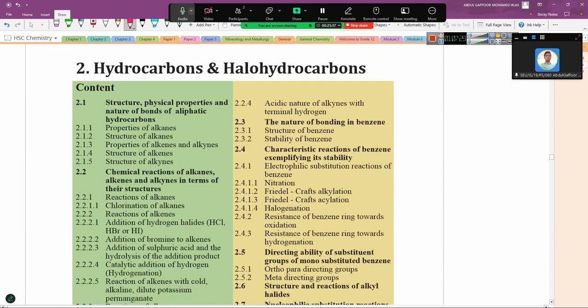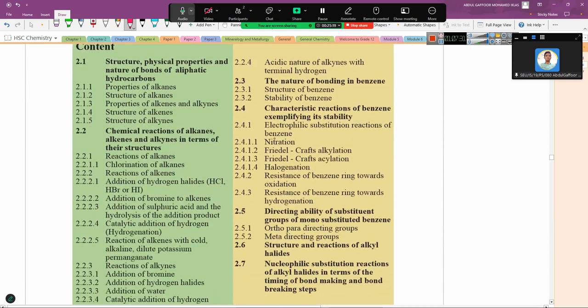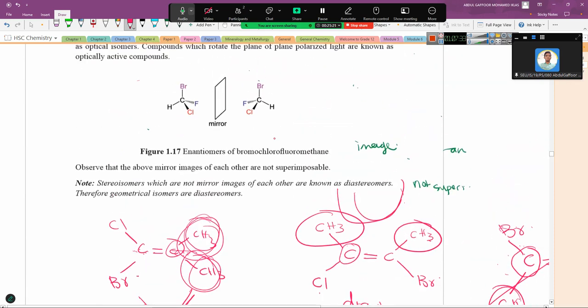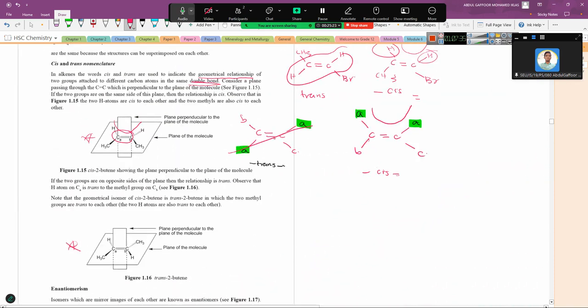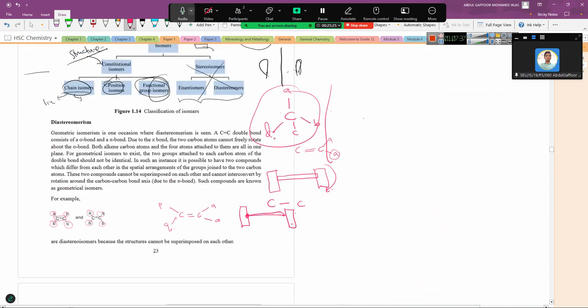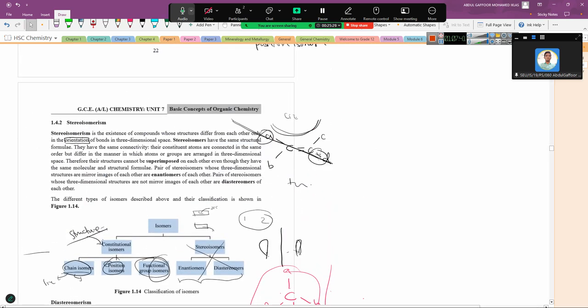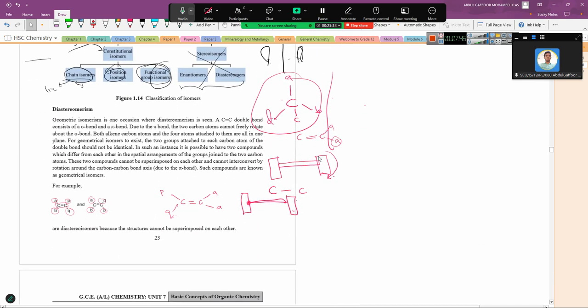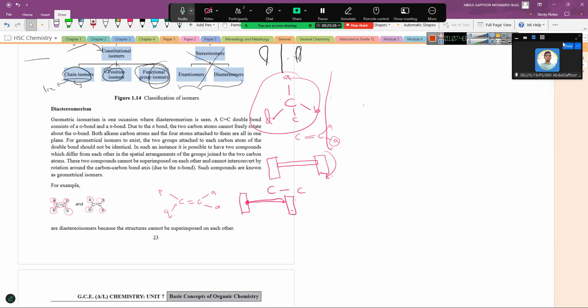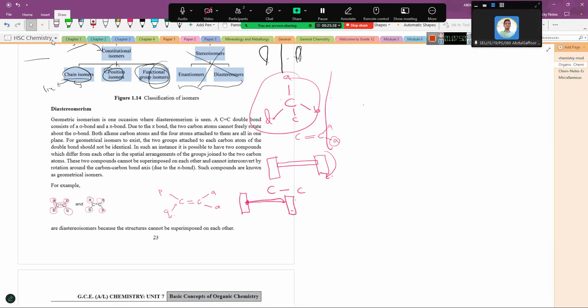Now we will move to the hydrocarbons and halohydrocarbons. Even, yeah, if it is difficult, you can skip that. And if you study this in the class only, we have to study again. If you don't understand, you better ask your teachers about this, because in A level, let me show you the A level papers.